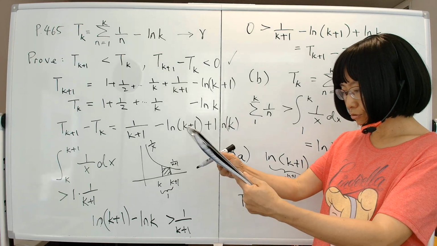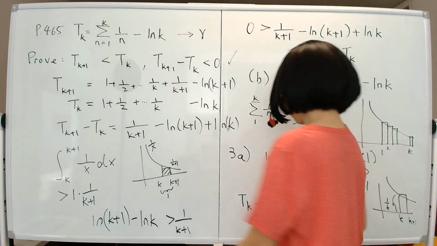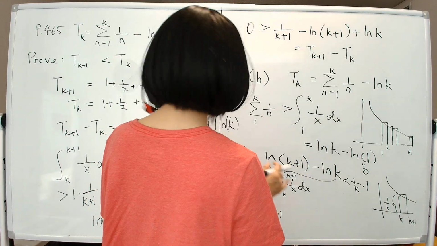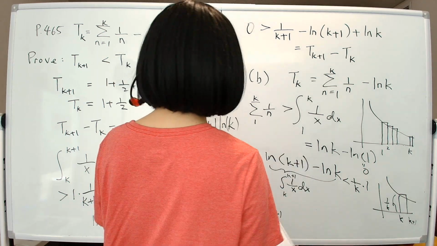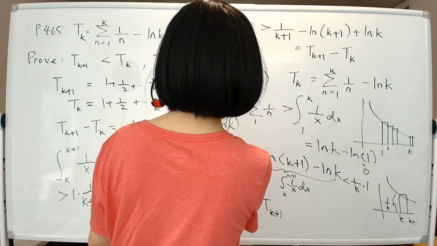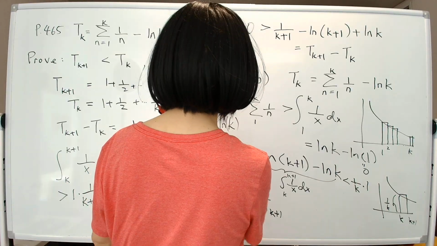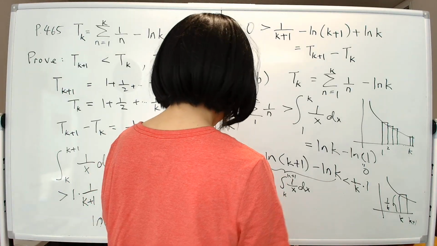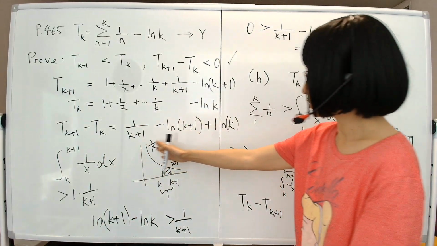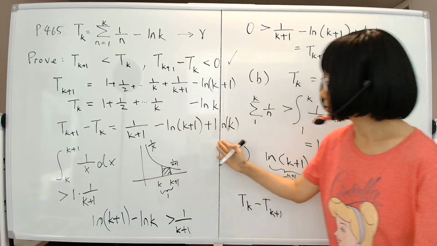So t_k minus t_(k+1) equals, I have to write it all down, there is no way around it, the negative of this thing right here. I will write it this way.